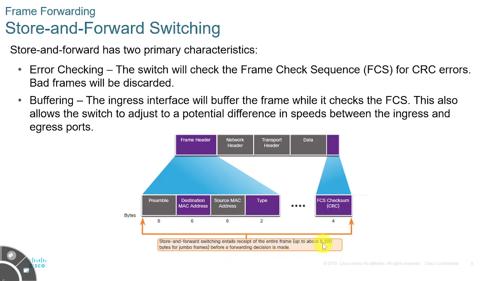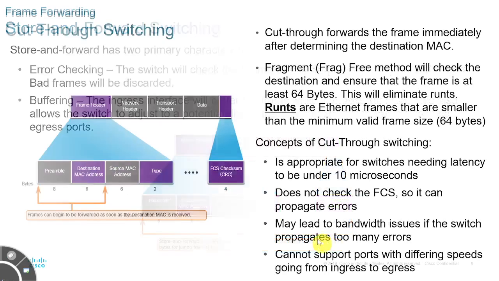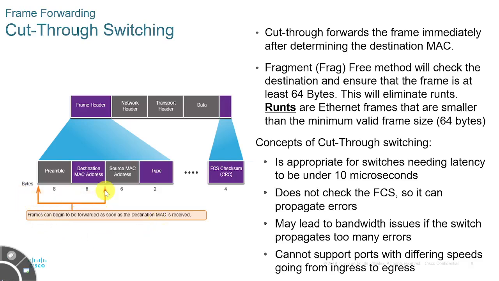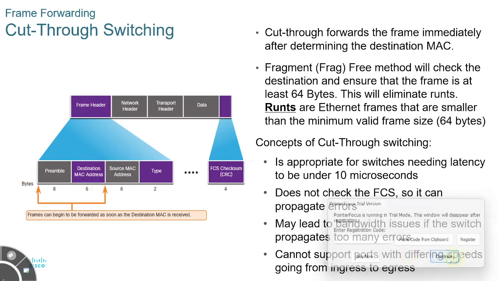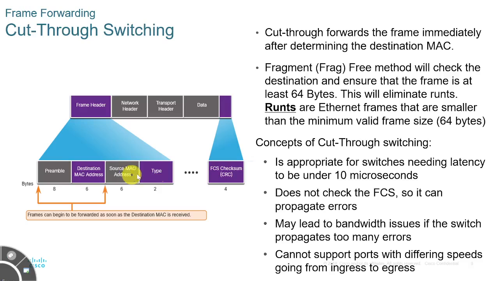So it's a large frame, 9,200. However, here we only need to check this small part. Frames can begin to be forwarded as soon as the MAC is received. As long as we know this MAC, we forward the frame without checking all these other things.